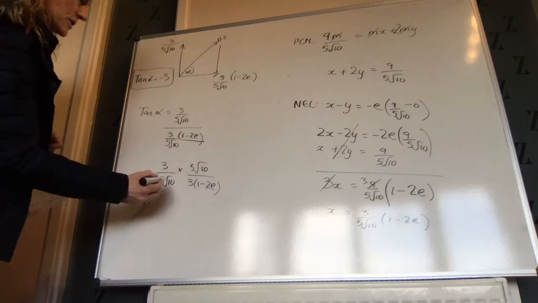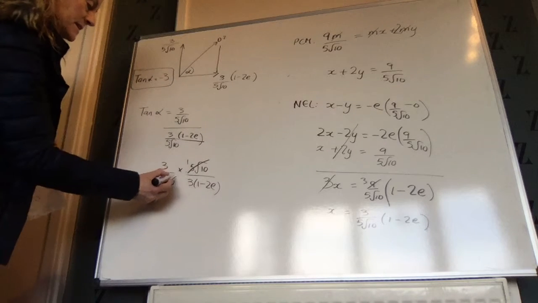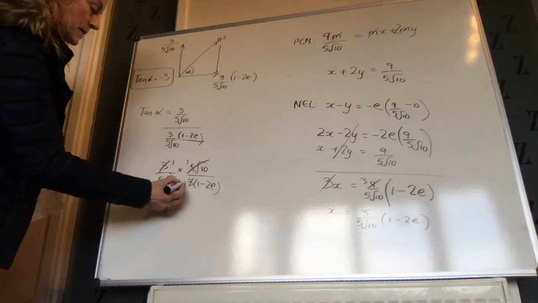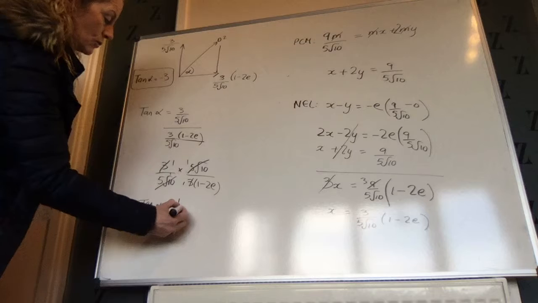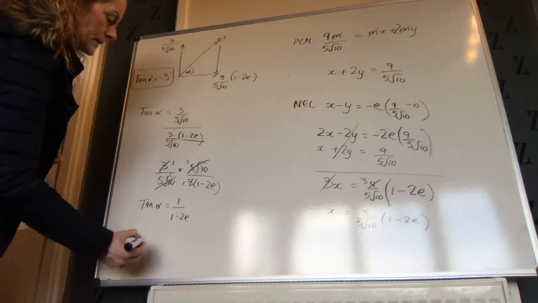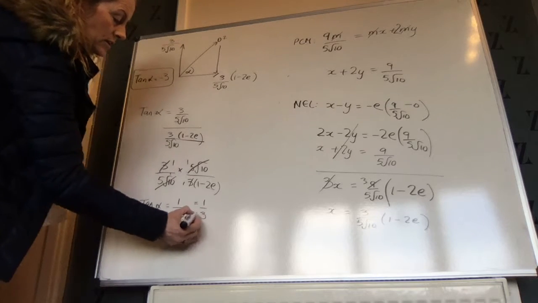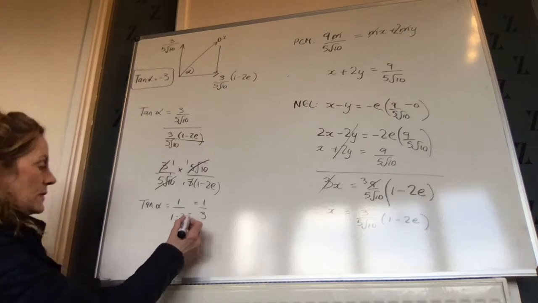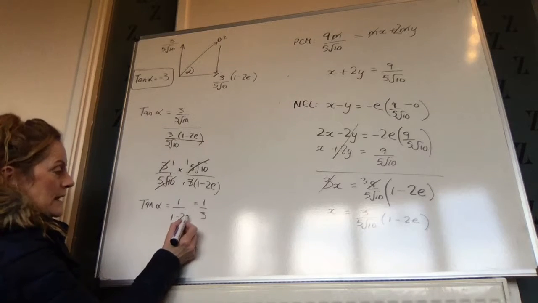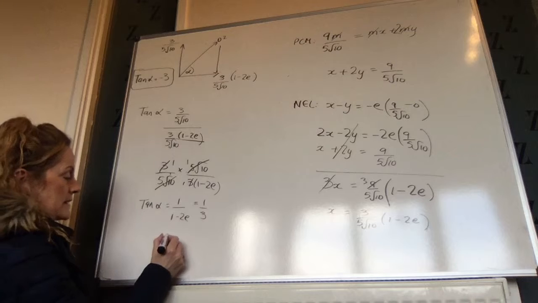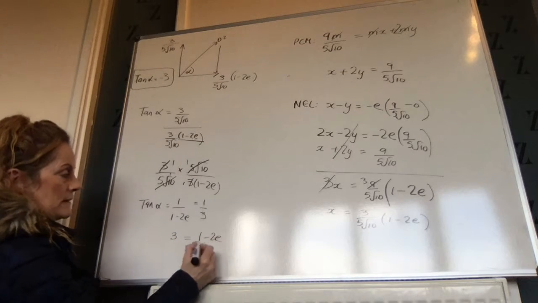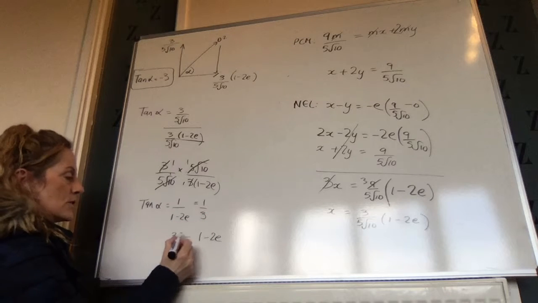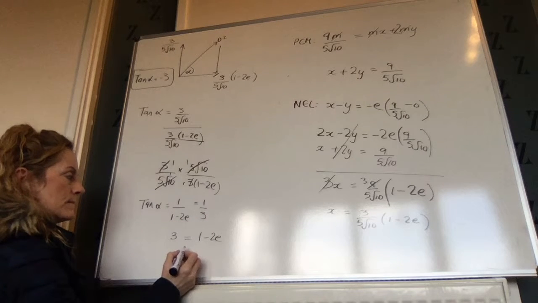So the 3 will divide top and bottom, and the 5 root 10 as well. So we have the tan of alpha is 1 over 1 minus 2e.